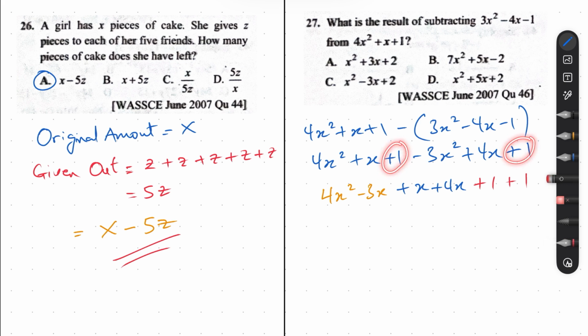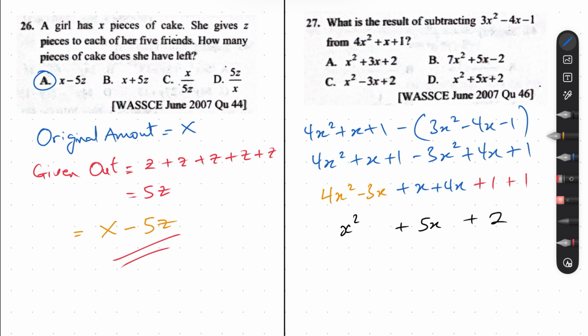These are the constants. For the x terms, we have x here and 4x here. Now since we have grouped like terms, we can simplify. Finally we have x squared plus 5x plus 2.